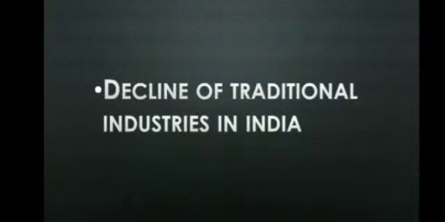Decline of traditional industries in India. British used to get the raw material in very cheap rate from India. They processed it in England. The goods manufactured in England were machine made. Hence, there was more production in less cost.